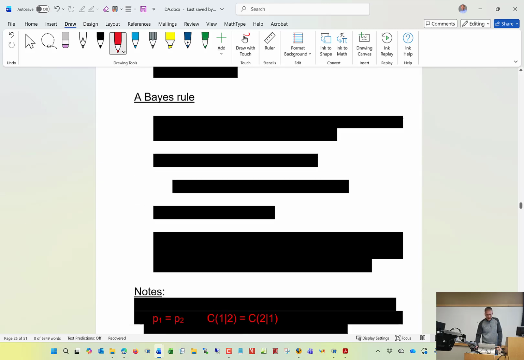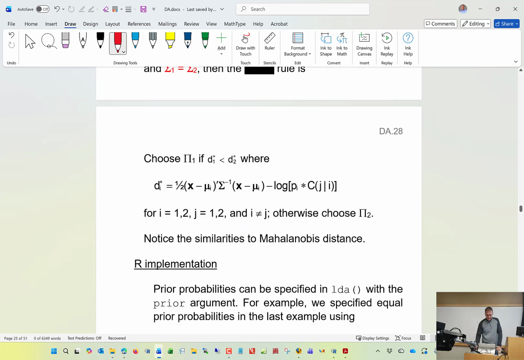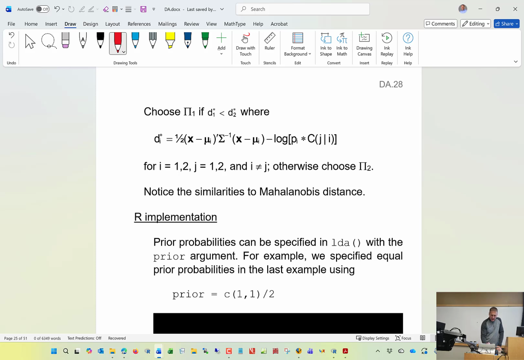You're welcome to take a look at it, but you're not responsible. The main thing I want to do is get down to here. This is what you're responsible for. Here's how we can take into account the prior probability and the costs. If you want to know more about how this equation comes about, that's the stuff I blacked out. Sorry.